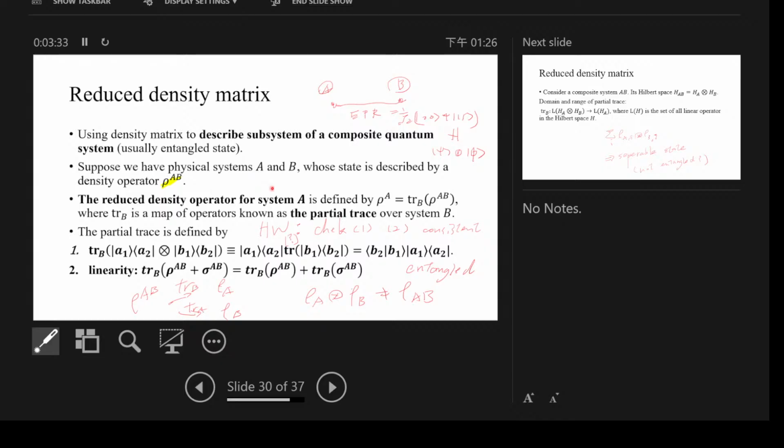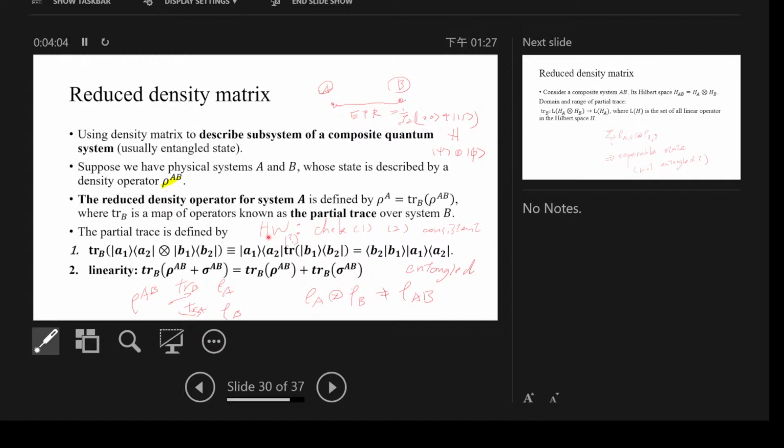First we show how to calculate it. If we have a density matrix on two systems, system A and system B, a density operator rho AB, then we can calculate the reduced density matrix on system A by doing this partial trace operation over system B.